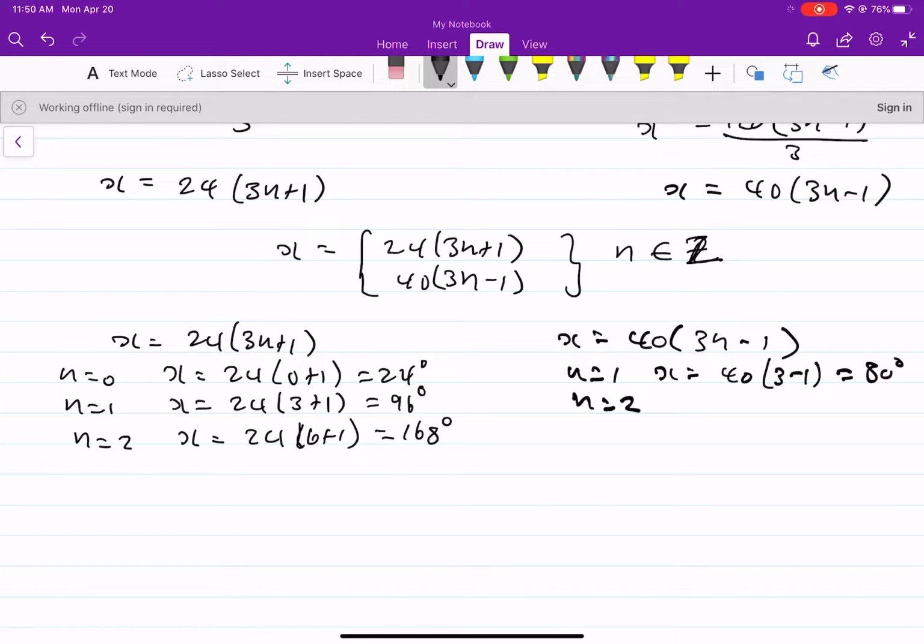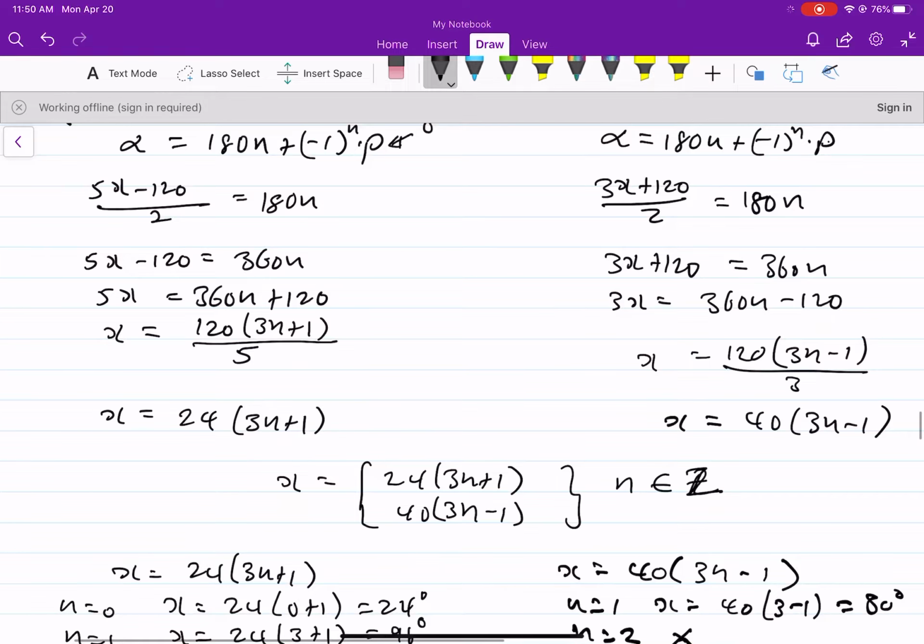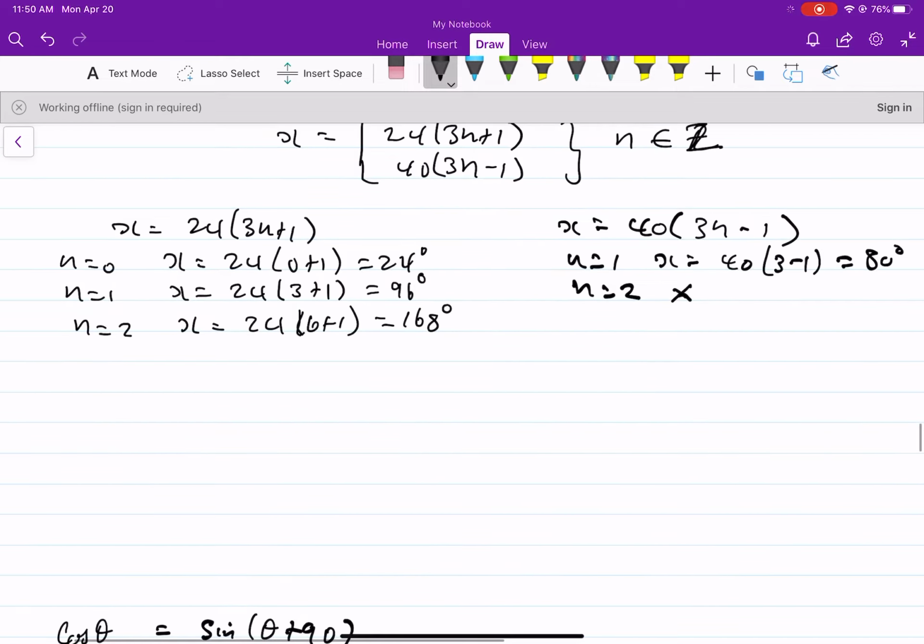Yes, that definitely will go past. So I get the same solution set. Right? And if I lay it out from smallest to largest, x is equal to 24 degrees, 80 degrees, 96 degrees, and 168 degrees.